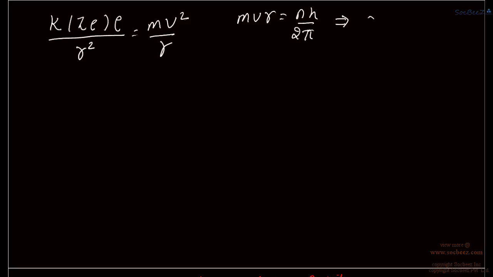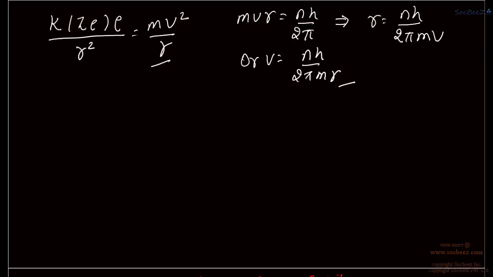So from here we will get r equals nh upon 2 pi mv, or v equals nh upon 2 pi mr. So clubbing these, we get certain formulas.